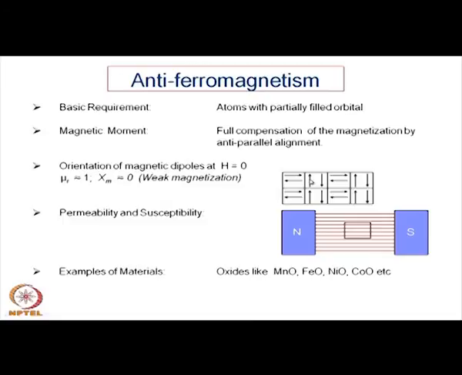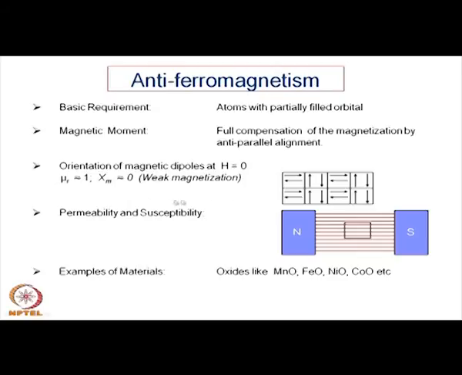So, individually they have magnetic moments, but for some reason or other they have an antiparallel ordering, and because of the antiparallel ordering the overall magnetic moment is 0, almost very close to 0, and that is why chi m is very close to 0. So, it is a weak magnetization very similar to paramagnetic materials. So, that is the reason they were combined together.